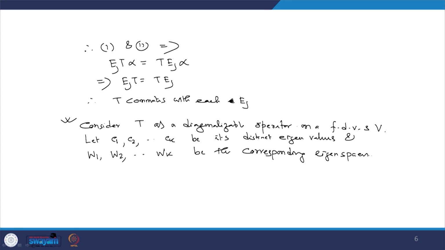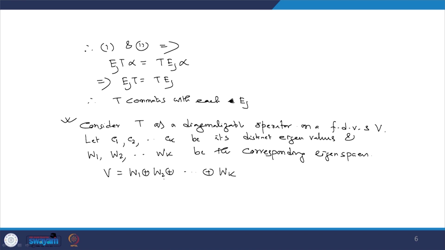Since T is diagonalizable, eigenvectors will form a basis for this space, and so certainly V will have a direct sum decomposition by its eigenspaces. So, V will be the direct sum of W1, W2 and Wk.